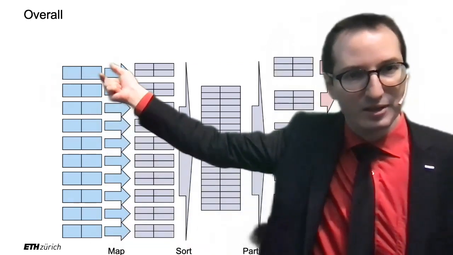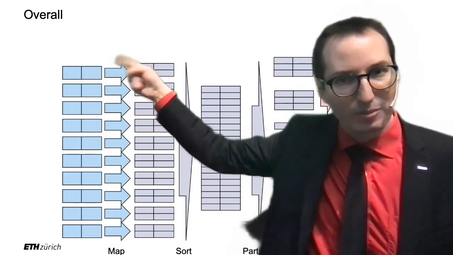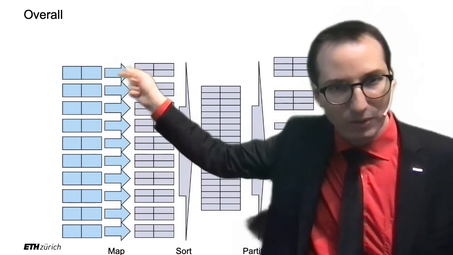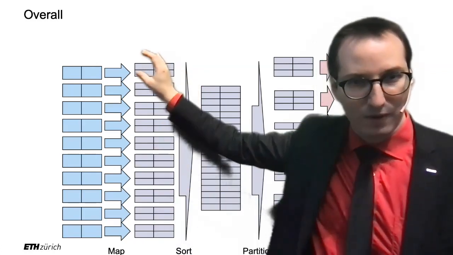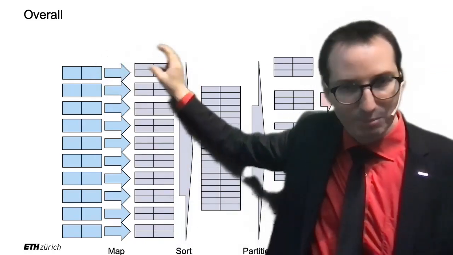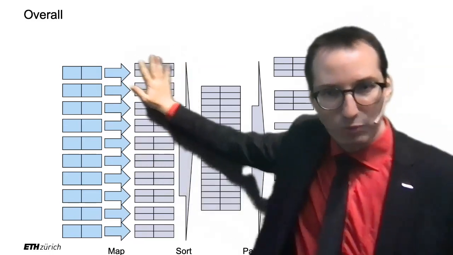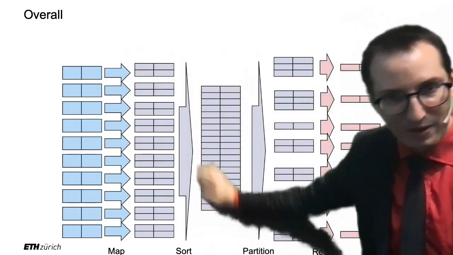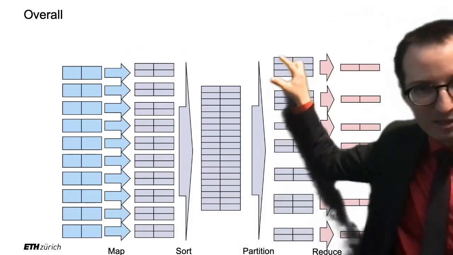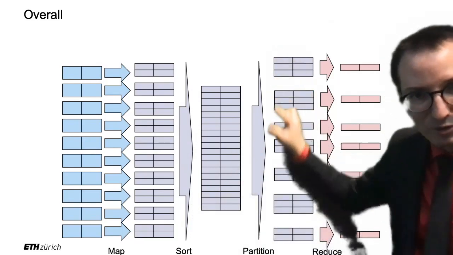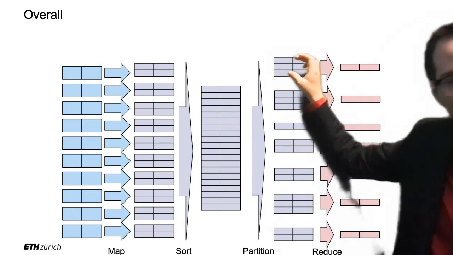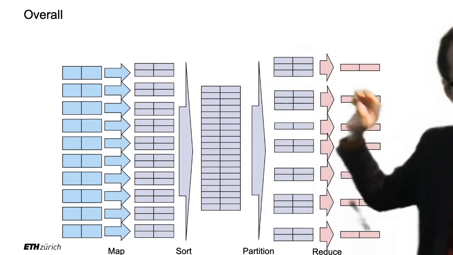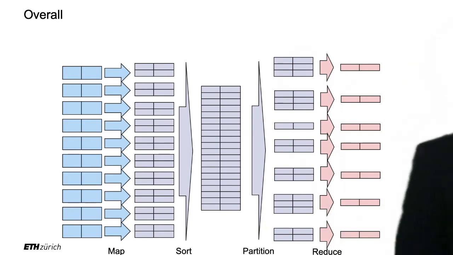Every split is processed by calling the map function on every key value, and we create intermediate key values. So every split will create plenty of intermediate key values. Then we put it all together and sort by key. Then we partition again so that the keys that are the same are together. And then you call the reduce function for every group of key values with the same key. Okay, and then you get the output data.